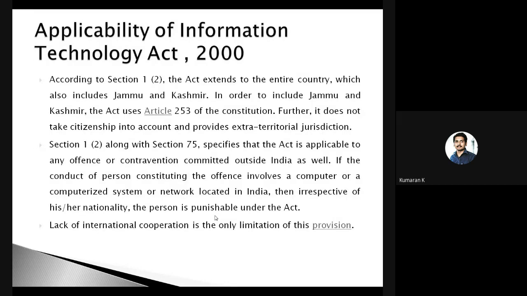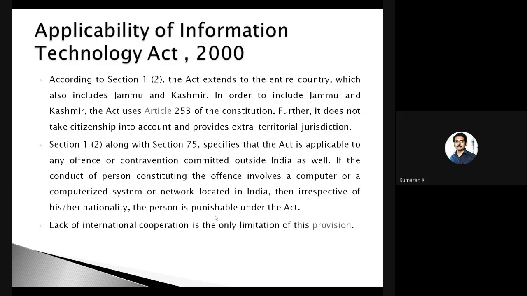So any Indian citizens who commit crimes or offenses outside India will also be punishable under the act. The conduct may be done with the help of computers or mobile phones, but the person is not actually located in India. If they have residentship, this person can be punishable under the act.